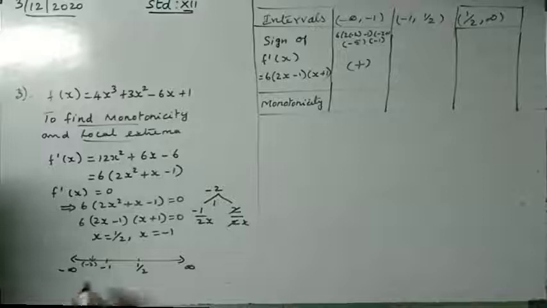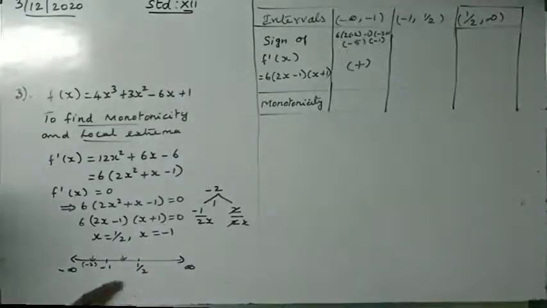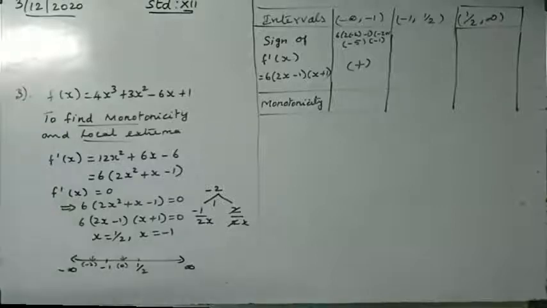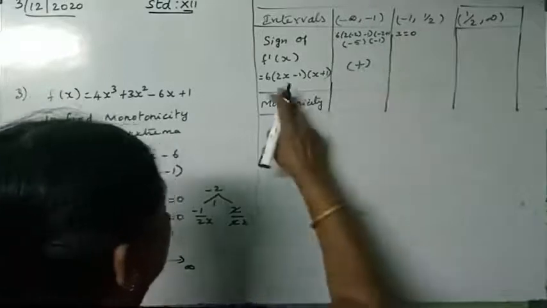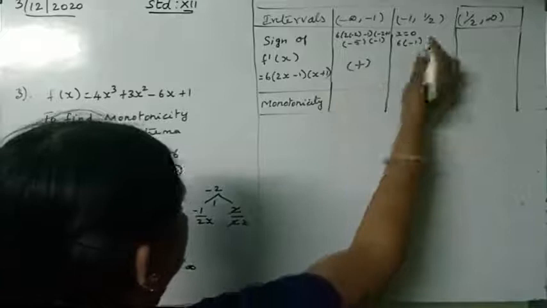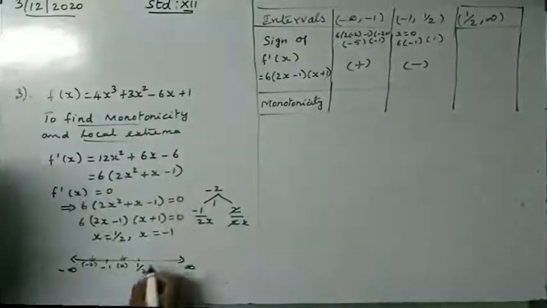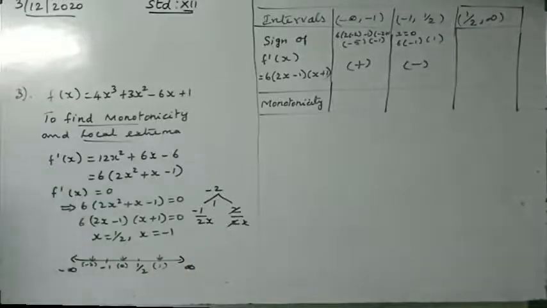Then take minus 1 to 1 by 2. I can take 0 as a sample point, say x is equal to 0. It becomes 6 into minus 1 into plus 1, so minus, plus, minus. For the interval after 1 by 2, say we take 1.